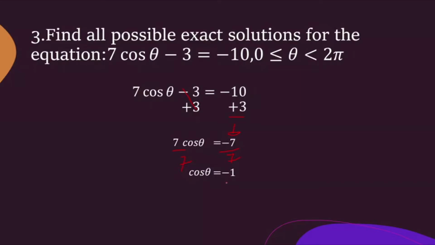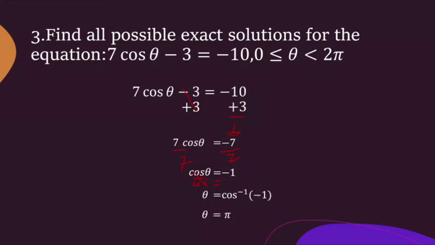Cosine theta equals negative 1 only in one location, which again you could either divide by cosine here, giving you the arc cosine of negative 1. So again you're dividing, so this will cancel out, giving you theta equals arc cosine of negative 1, which then equals pi.